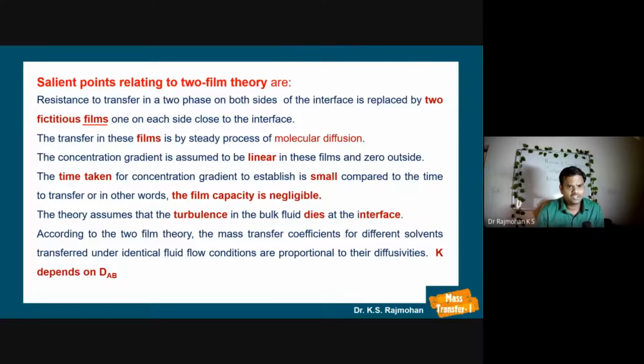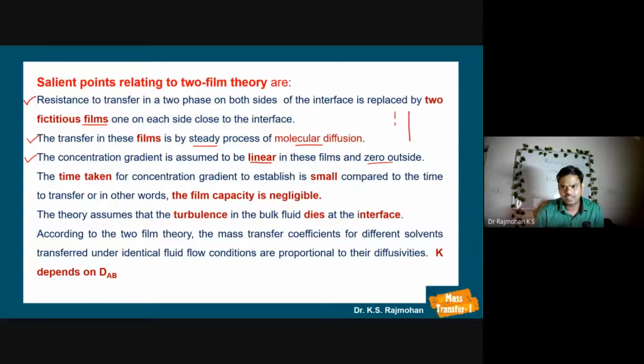Within these films it is a steady process with molecular diffusion taking place, and the concentration gradient is assumed to be linear. Outside these thin films the resistance is 0, or you can say the concentration gradient is 0.